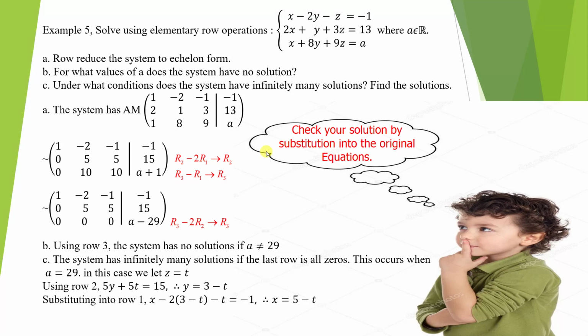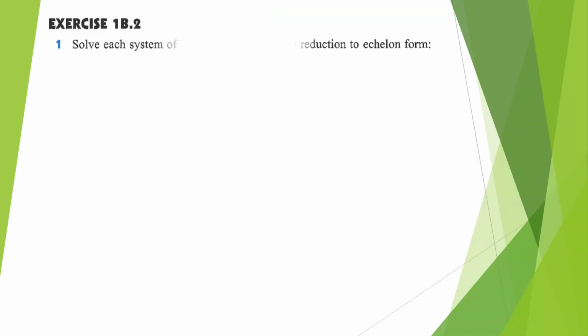This is the meaning, because it refers to the value of A. If A is 29, then 29 minus 29 is 0, 0 equals 0, consistent. But if A is not 29, then 25 minus 29 is not 0, so 0 equals another number. It is not true. So this system of equations is inconsistent, or has no solution.